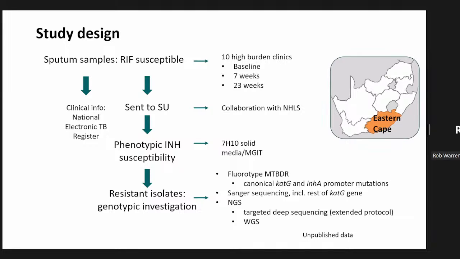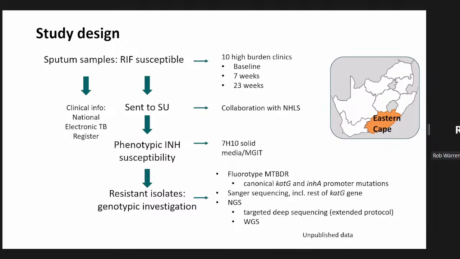We then sent those susceptible isolates to Stellenbosch University, where we did phenotyping using either 7H10 solid media or MGIT media. And then we used a number of molecular tools to try to identify the mutations conferring resistance. First, the more classical methods like the line probe assay or sequencing, and then we moved into the next generation sequencing.